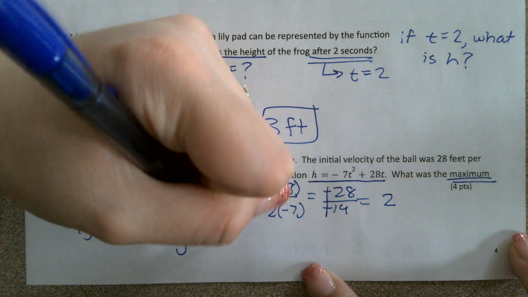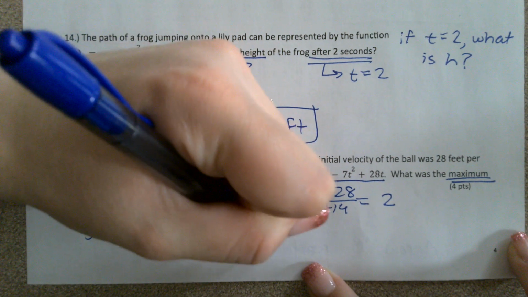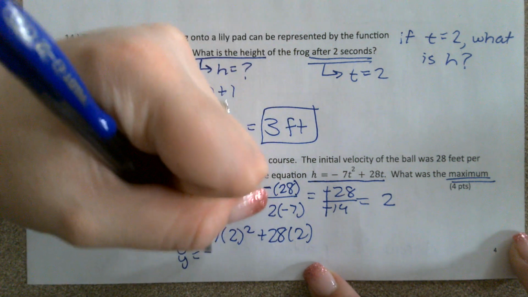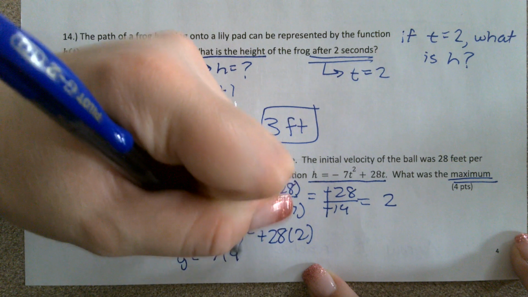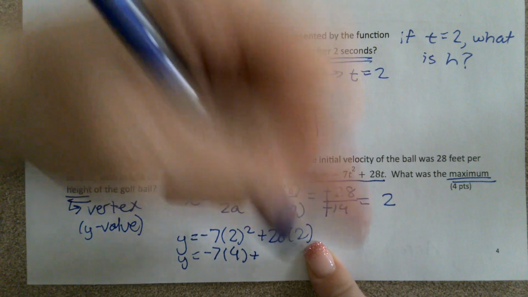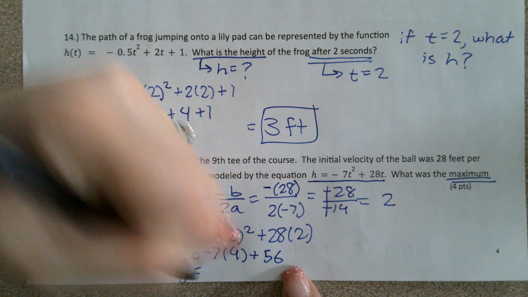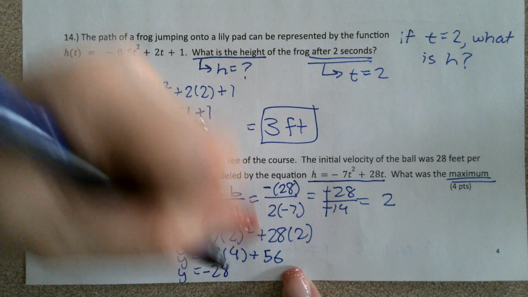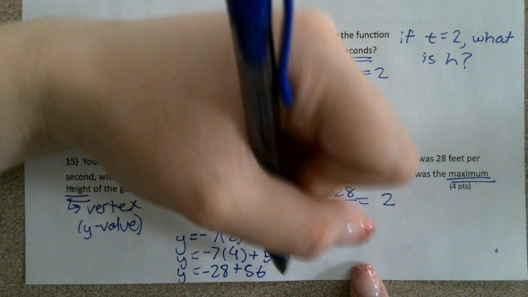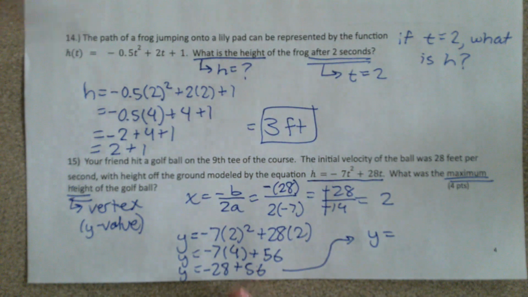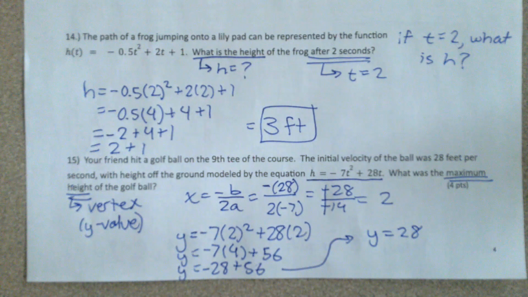Negative 7 times 2 squared plus 28 times 2. Negative 7 times 2 squared is 4, plus 28 times 2 is 56. Negative 7 times 4, that's negative 28, plus 56. Negative 28 plus 56 is positive 28.